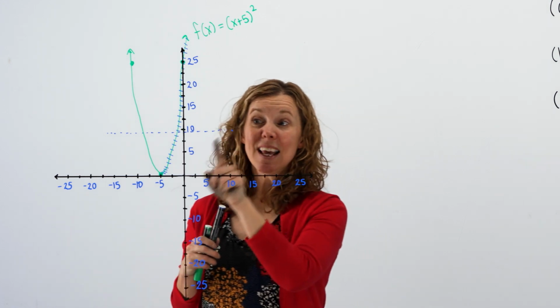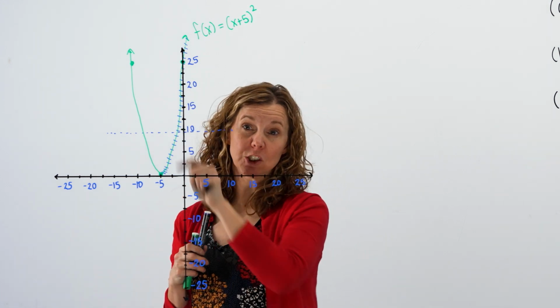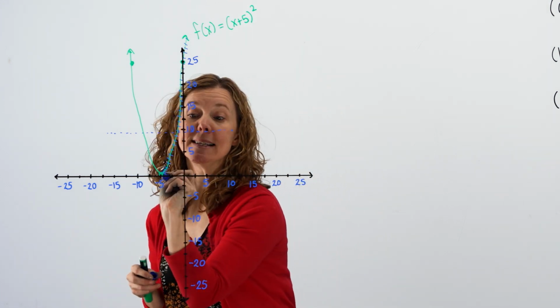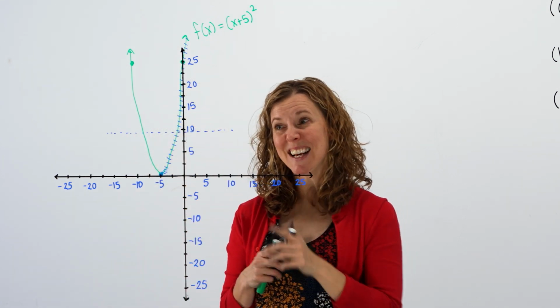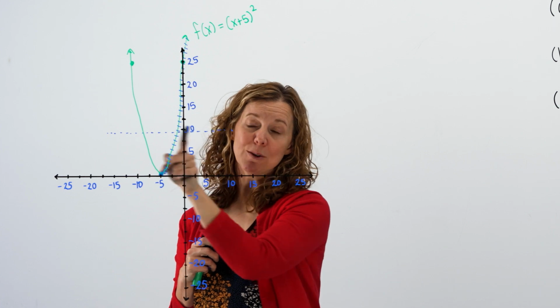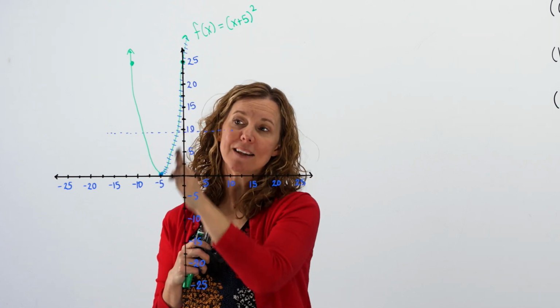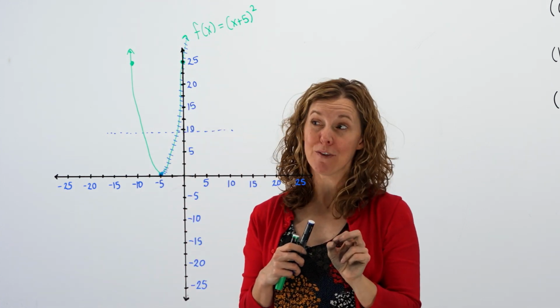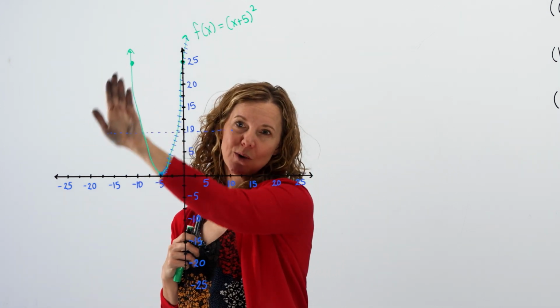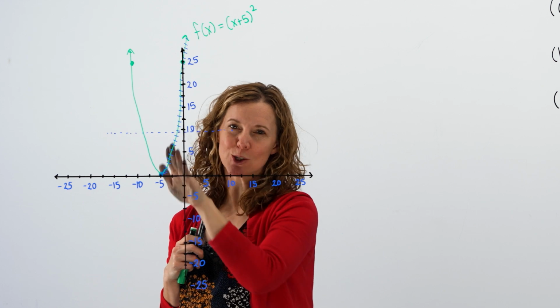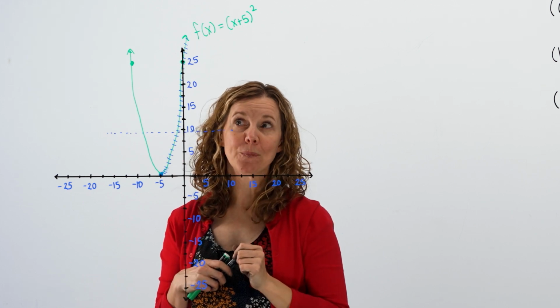Notice now, if we restrict to the portion of the function that I've highlighted blue, and we can take the vertex with it, so I'll highlight that blue just for emphasis, any horizontal line that I now sketch will only pass through the blue portion of that graph at most once, because we've eliminated this sort of reflective piece over here that was causing some problems before.